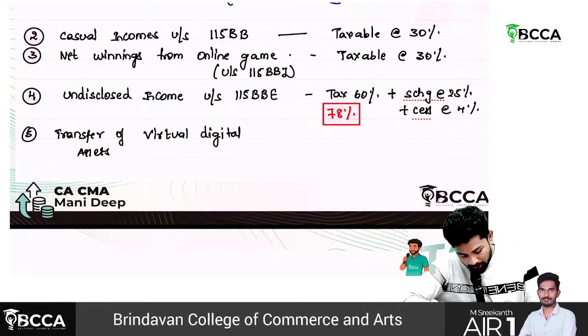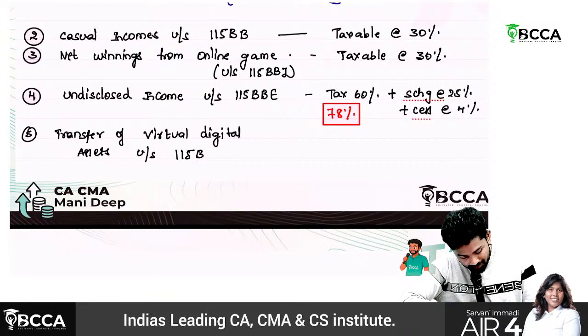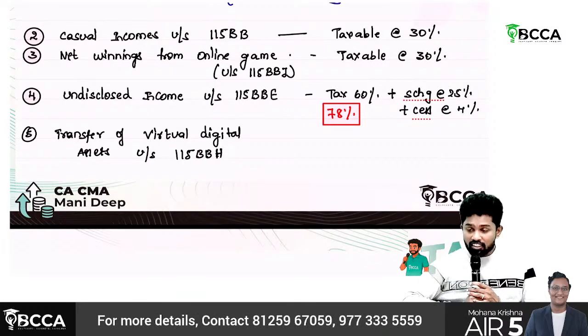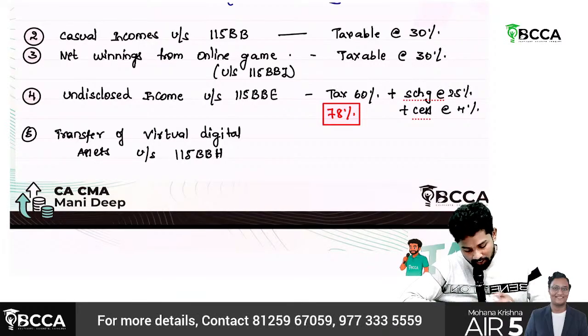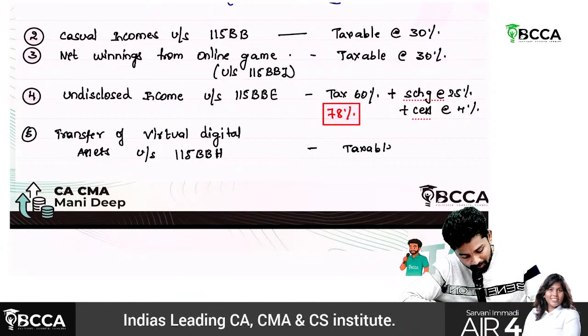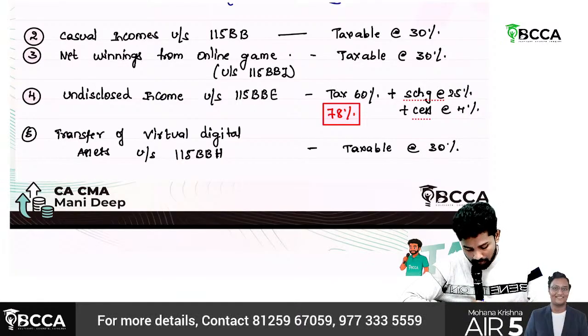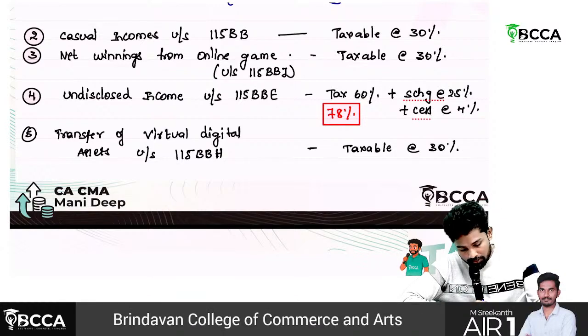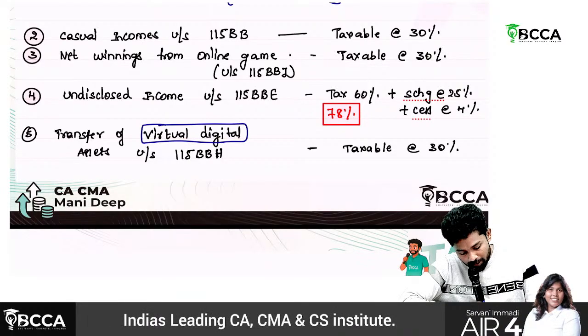Example, bitcoins. Transfer of virtual digital assets under section 115BBH is again taxable at a flat rate of 30%. Virtual digital assets, take the example of bitcoins.